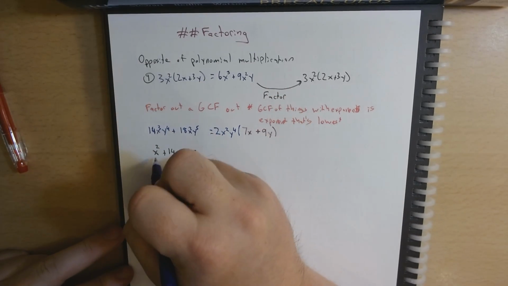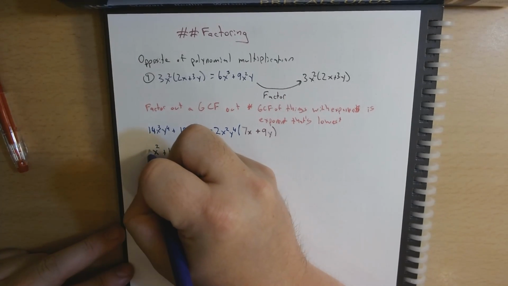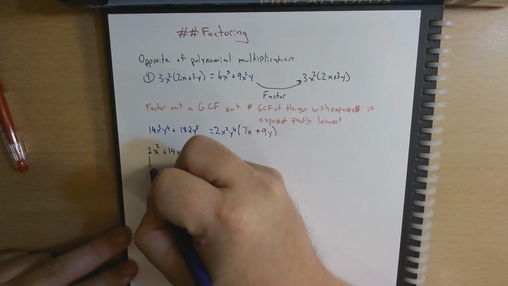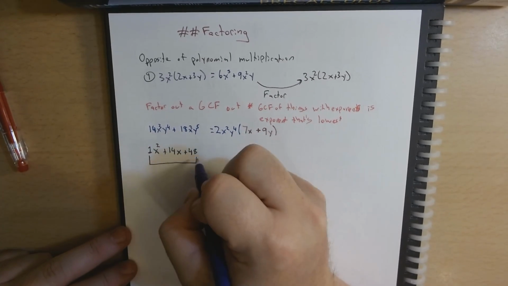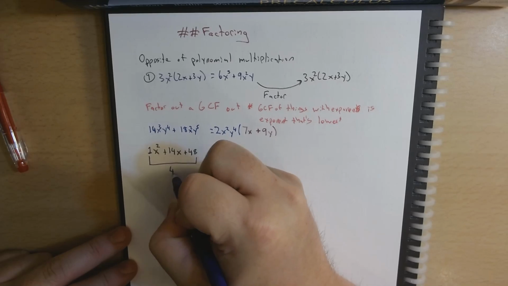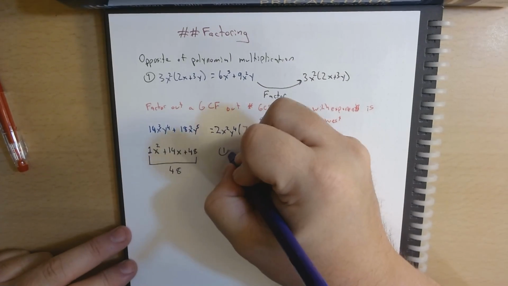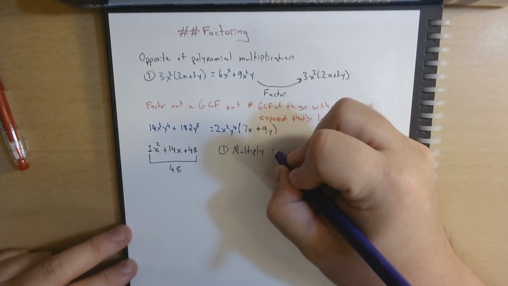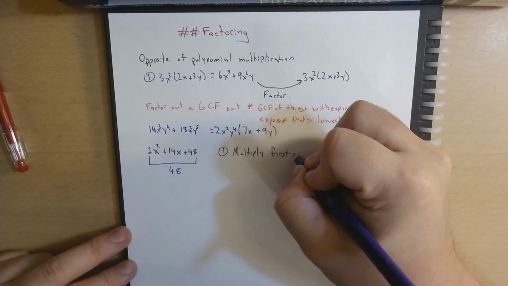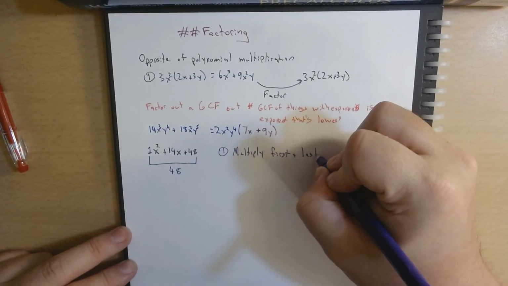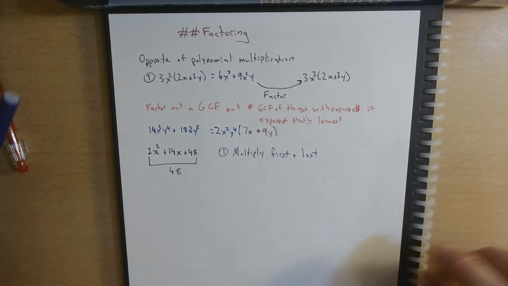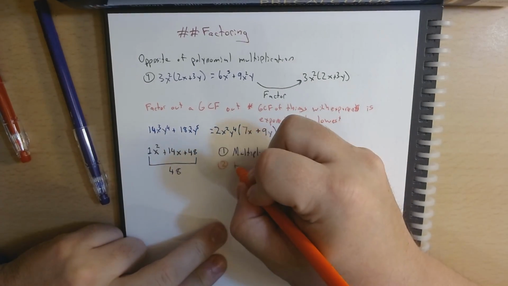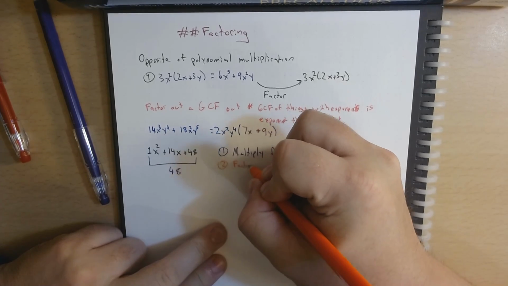There's no number in front, so we can put a 1. Your first step is always to multiply the first and the last: 1 times 48 is 48. Then you're going to find the factors of that number that add up to the middle term.